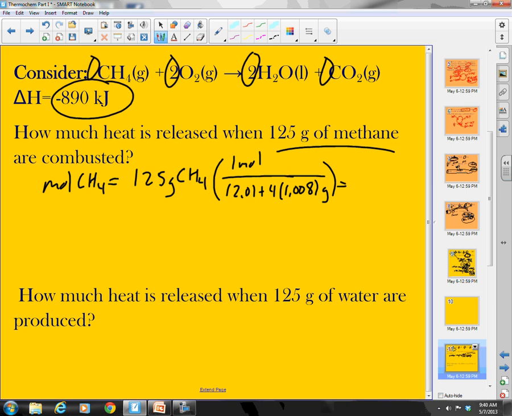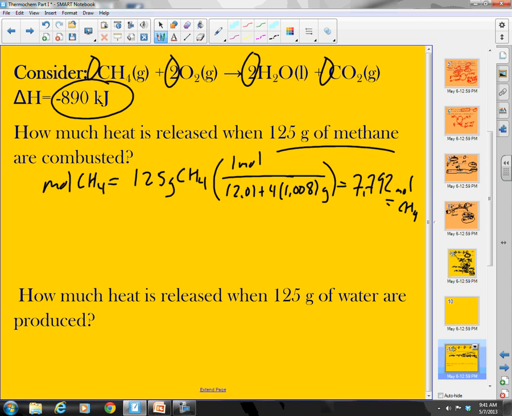And what do I get there? 12.01 plus 4 times 1.008 equals 16.042. Invert, times 125, and I get 7.792 moles of methane. Good.